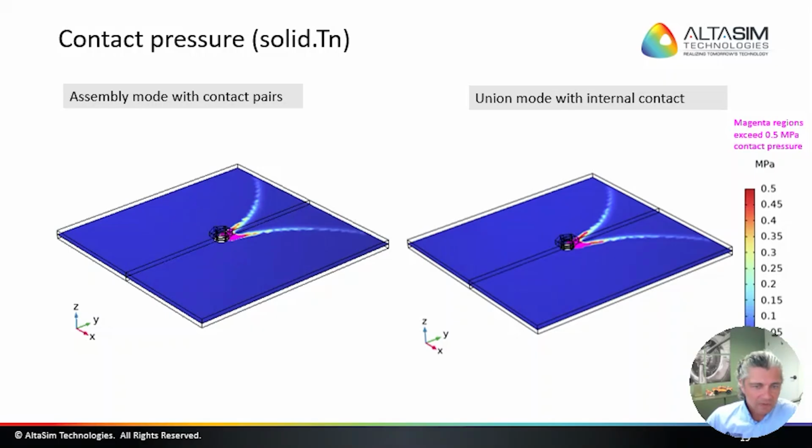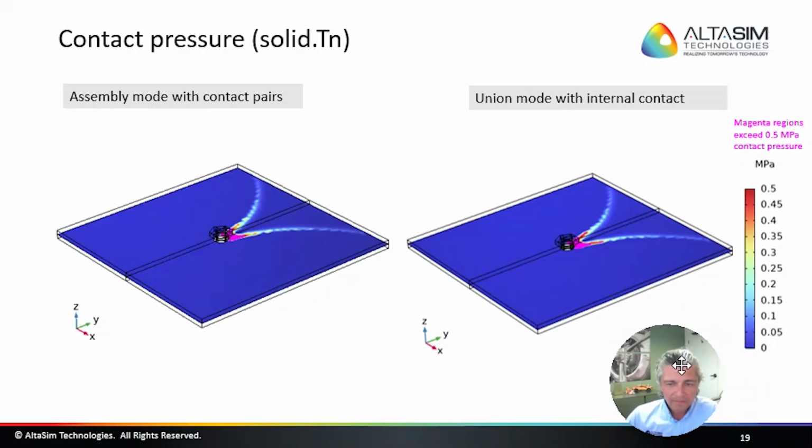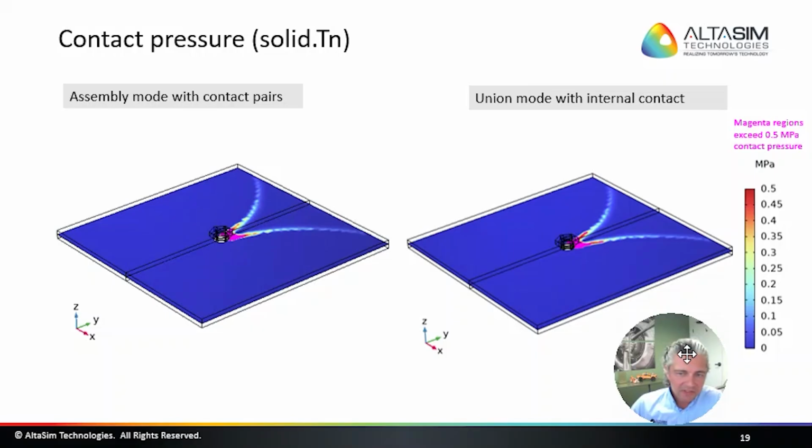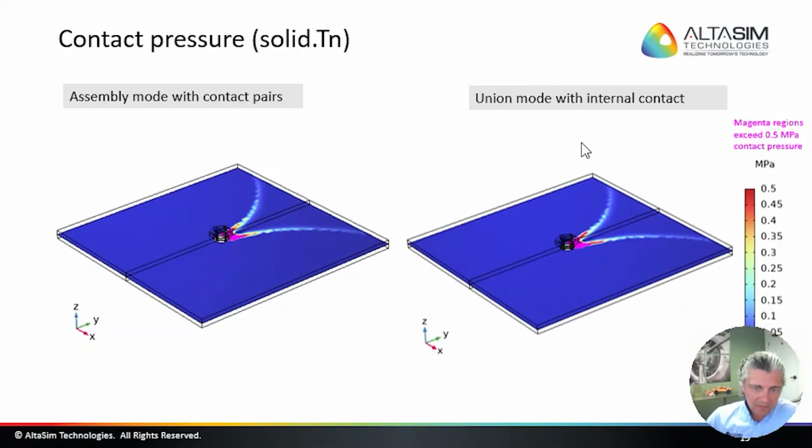We did solve for the contact pressures in both scenarios, and we get a similar result here with the magenta regions exceeding 0.5 megapascals of contact pressure, but a very similar pattern between the 2 techniques. Again, the form union mode with internal contact is going to be recommended for large models that have a number of bolted connections.